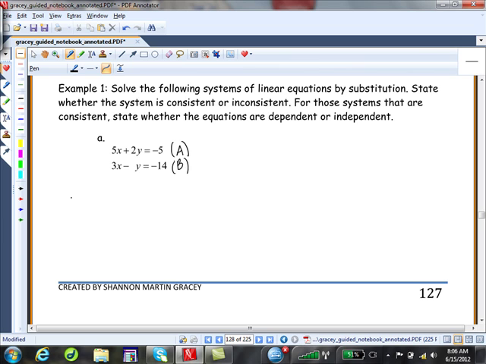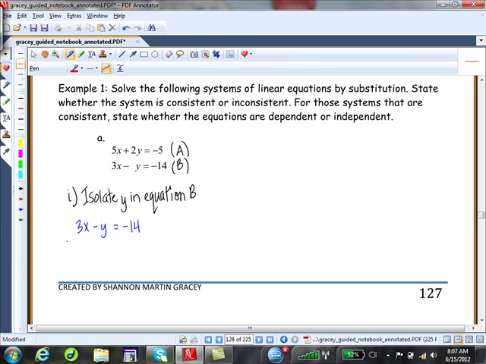So our first step: I'm looking at equation B, and I see that y has a coefficient of -1. So it'd be very easy to isolate y without getting any fractions. So I'm going to choose to isolate y in equation B. Equation B is 3x minus y equals -14.